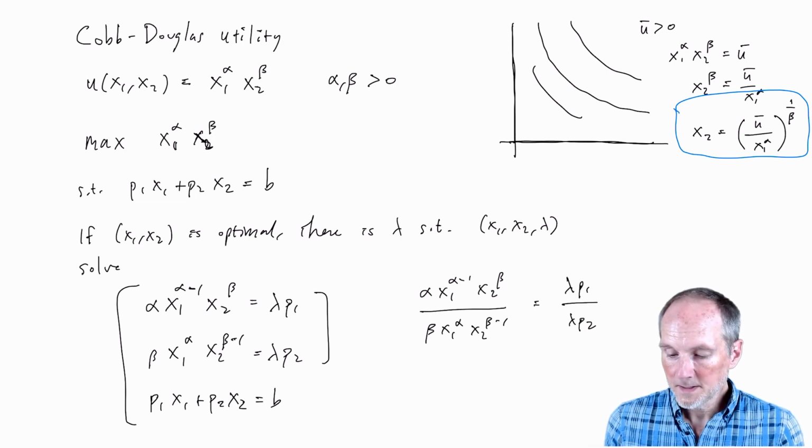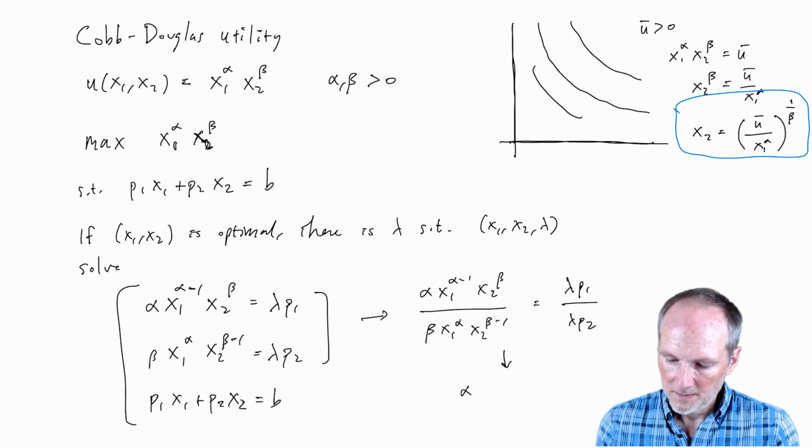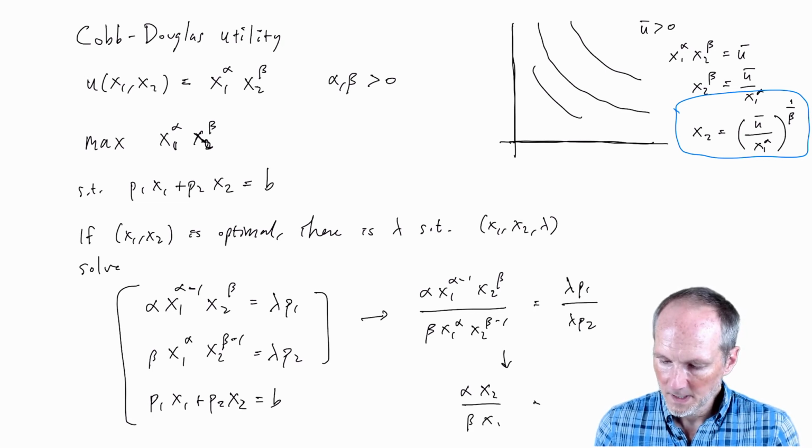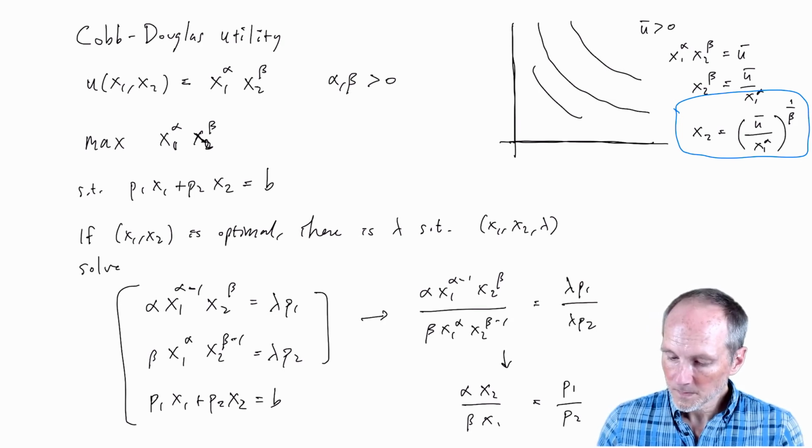And then those simplify. The left-hand side is just alpha x2 over beta x1. The right-hand side is p1 over p2. So let's go with that.